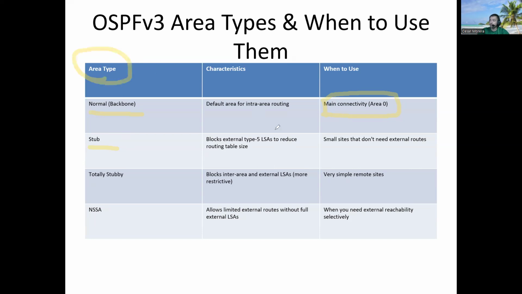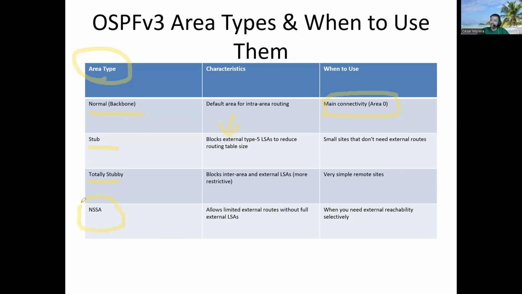Area type 4, we're talking about area types. For OSPFv3, it says that it blocks external type 5 LSAs to reduce the routing table size for small sites that don't need external routes. Totally stubby basically blocks inter-area and external LSAs, is more restrictive, and is for very simple remote sites.